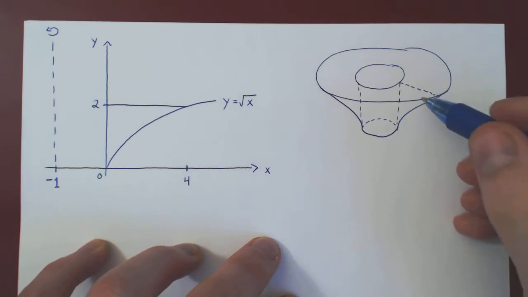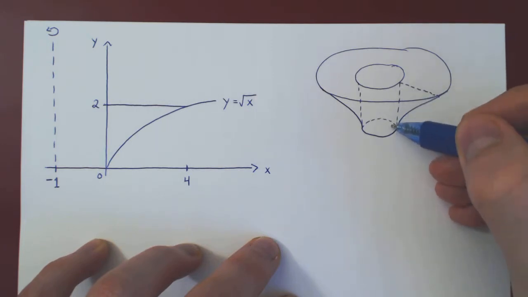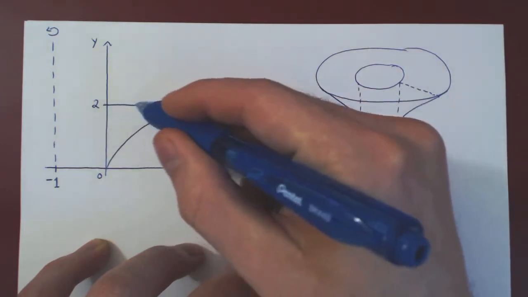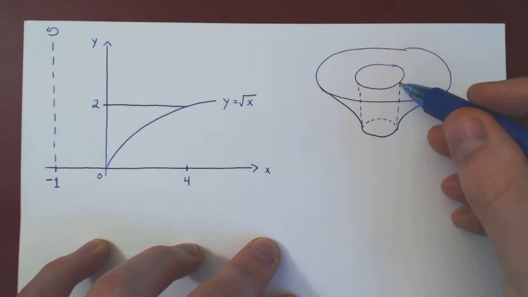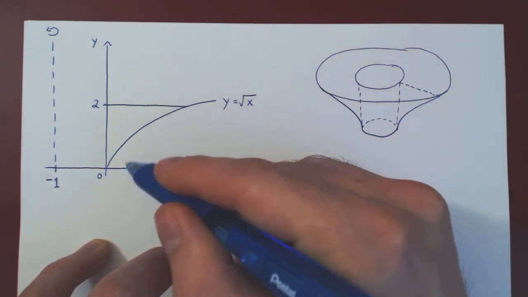So you can see this is our region in the xy plane, right? This is the y-axis. The top is given by the horizontal line y equals 2, and the outer boundary here is root of x.